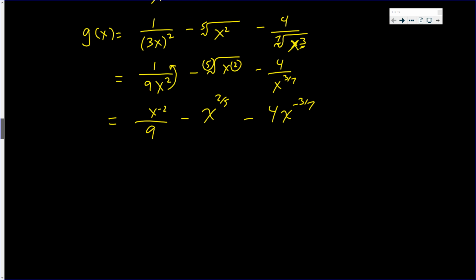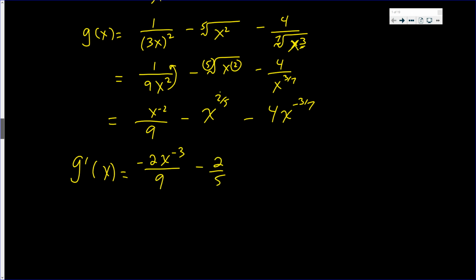Okay, now, notice, since it was all algebra, no line says g prime of x. Now, and only now, am I taking the derivative. And taking the derivative is simple. You bring down the negative 2, you make the new power 1 less over 9. Minus 2/5.